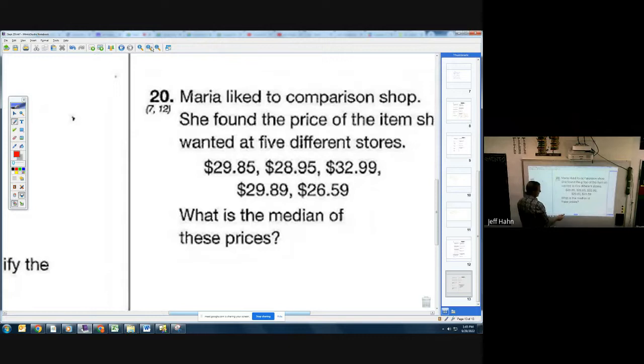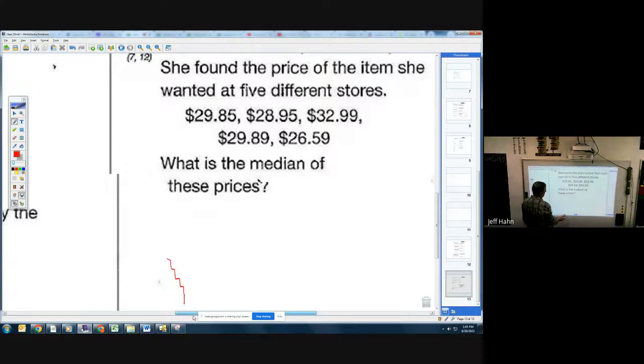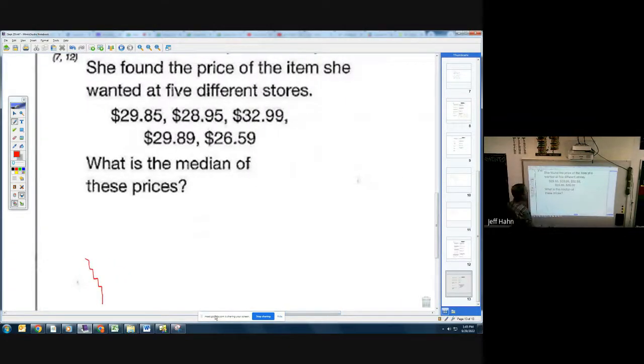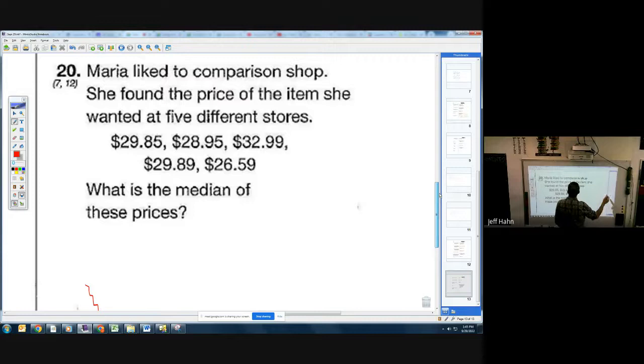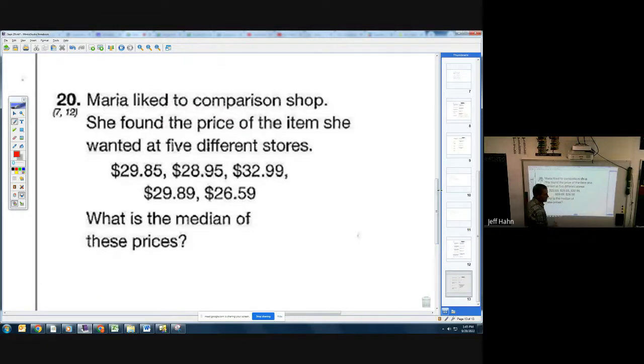Maria loved to comparison shop. She found the price of items she wanted at 5 different stores. What is the median? Ladies and gentlemen, the notes for myself on median. Median means the middle number.